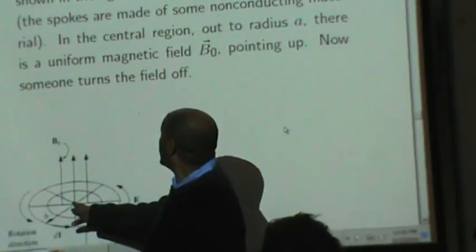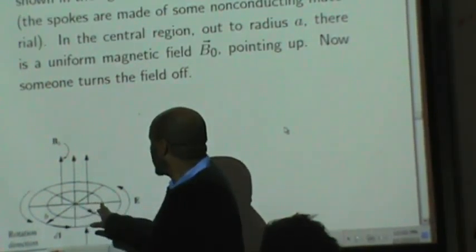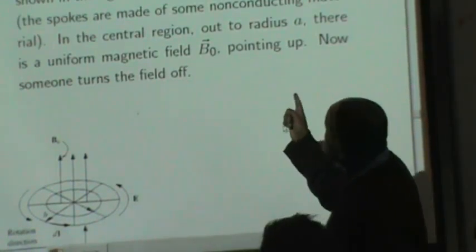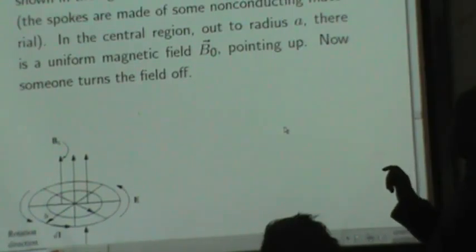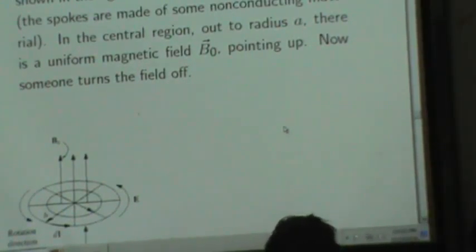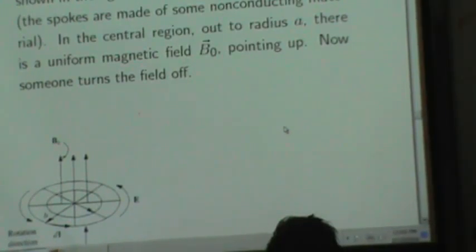So from the center up to a, up to a certain distance, you have a magnetic field B0 pointing up. Now, someone turns the field off. You instantaneously cut off the B field.